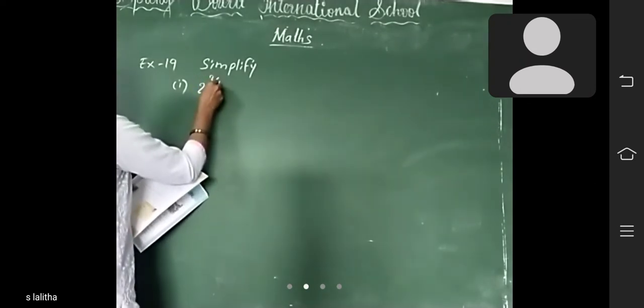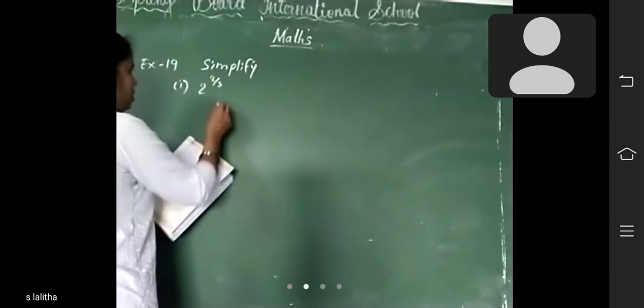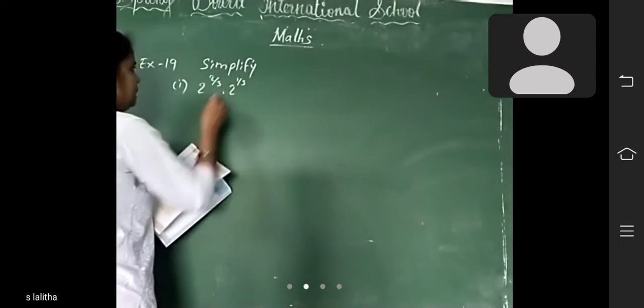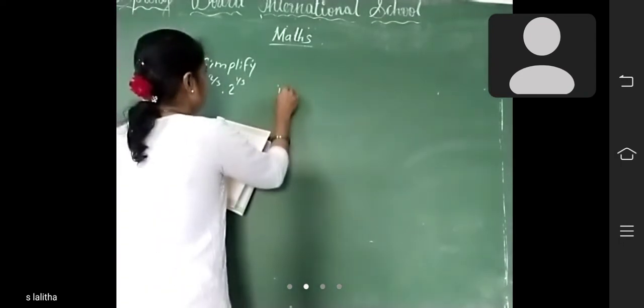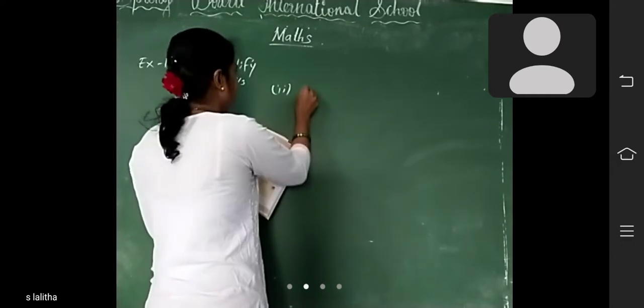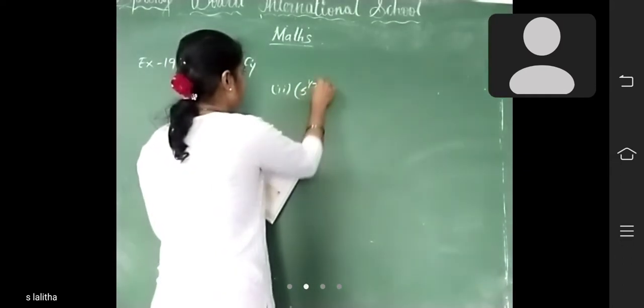Example 19, children. Simplify. First one is 2 power 2 by 3 into 2 power 1 by 3. Second one, 5 power 1 by 7 whole power 4.